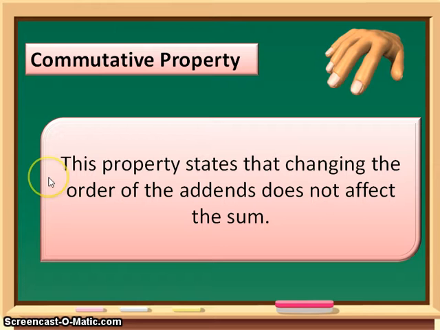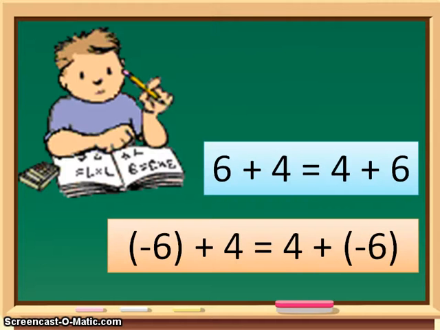This property states that changing the order of the addends does not affect the sum. Let's see this example. If we have 6 plus 4, that will be equal to 4 plus 6, because 6 plus 4 is equal to 10, and 4 plus 6 is also equal to 10.